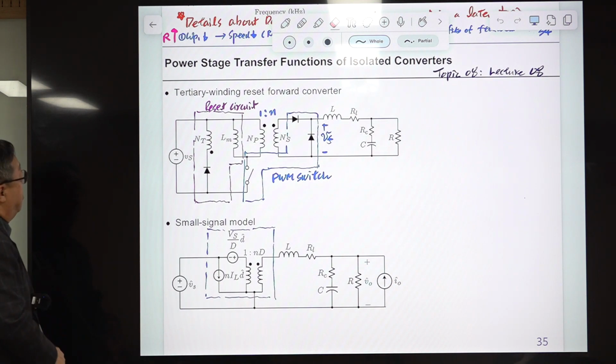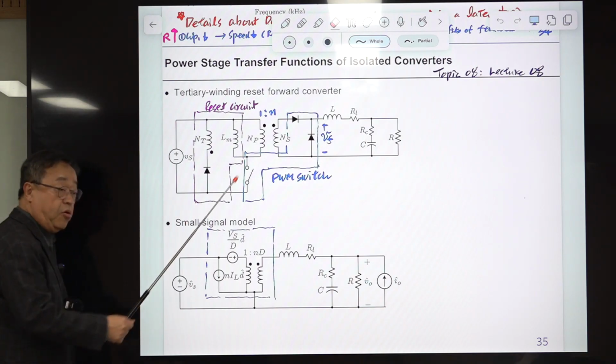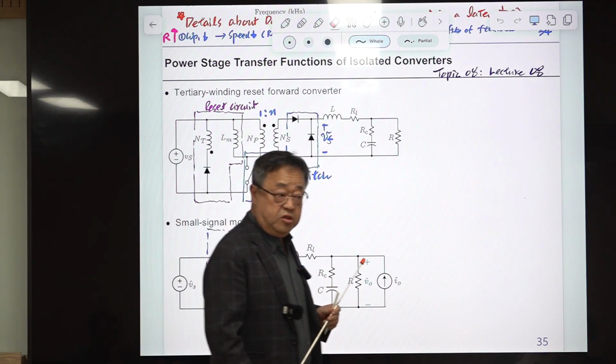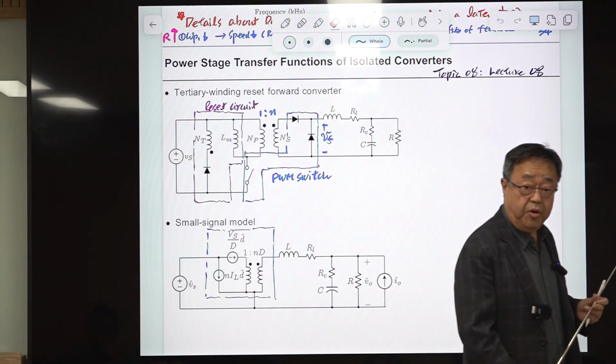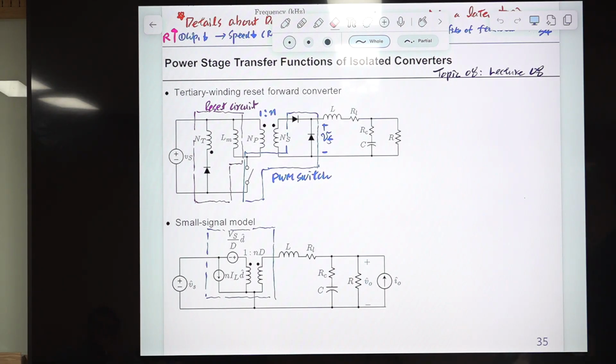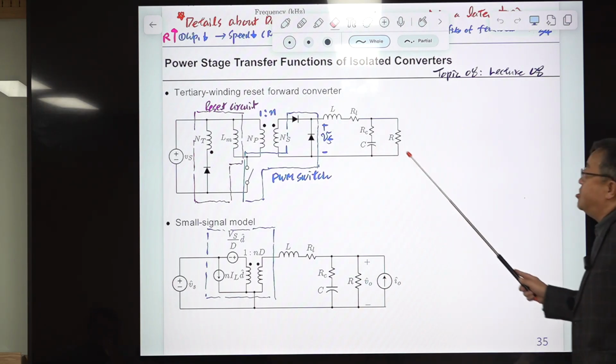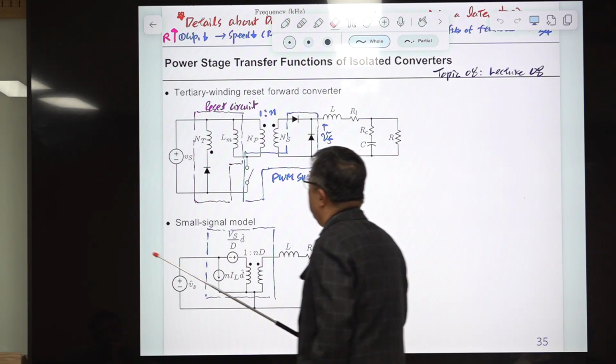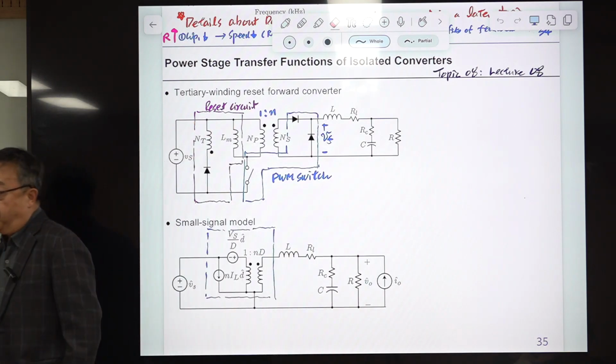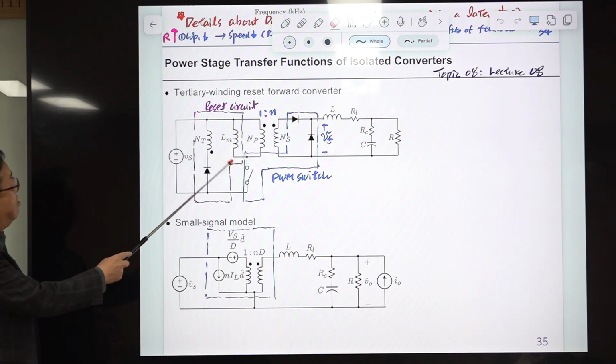This is the circuit diagram of the forward converter. The forward converter is a type of PWM converter which is very popular in industry. It is derived from the buck converter, so it is called a buck derived converter. This one is called a tertiary winding forward converter, which means there is a transformer.